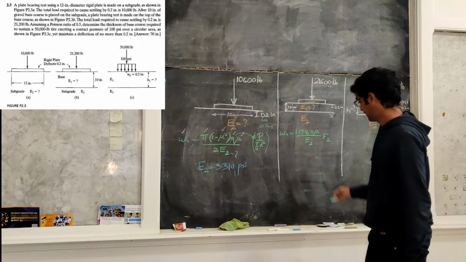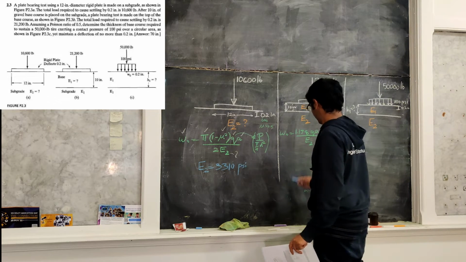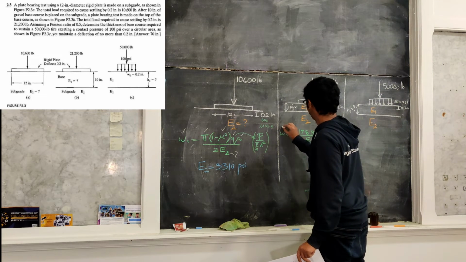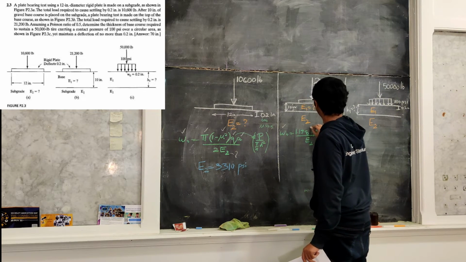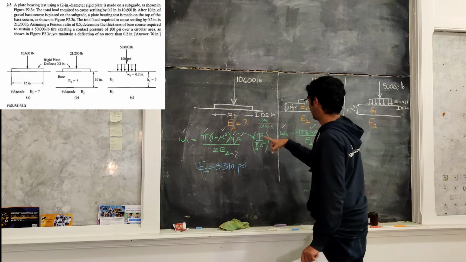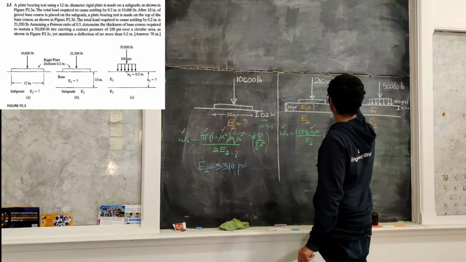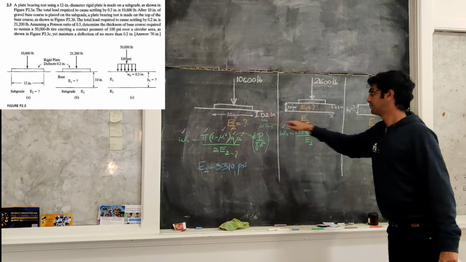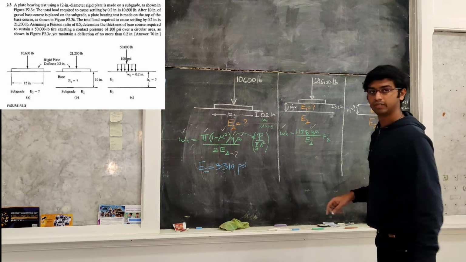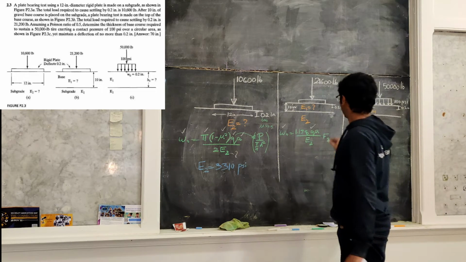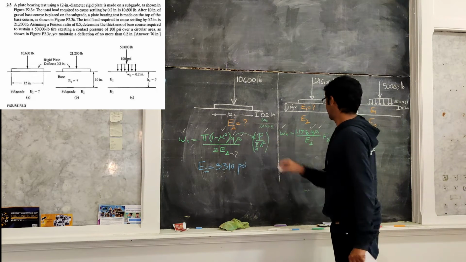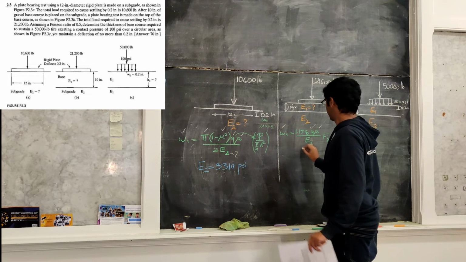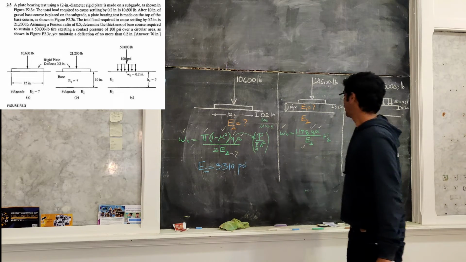What are all the parameters we know? We know the deflection, we know Q. Q is again load by area, which is already known. It's the same rigid plate, so it's 12 inch diameter. A is already known. E2, you know. Now you need to find F2.